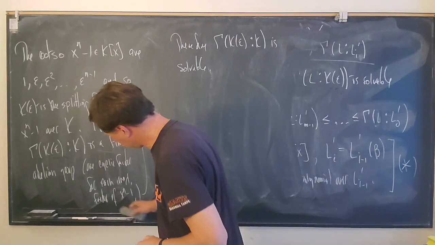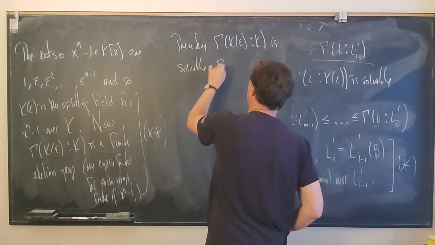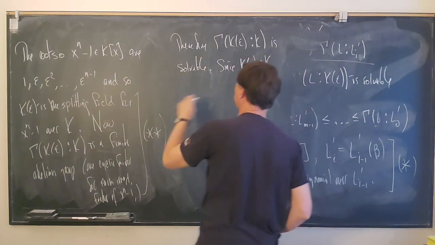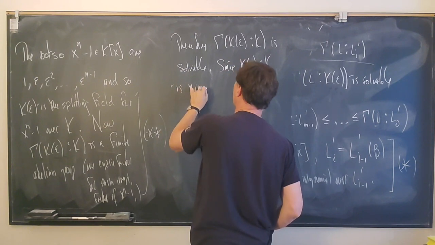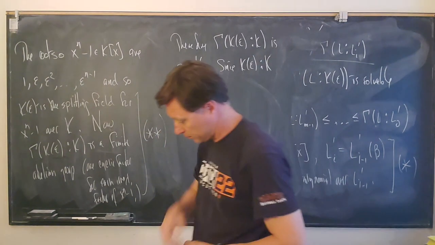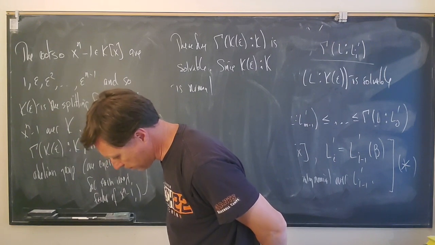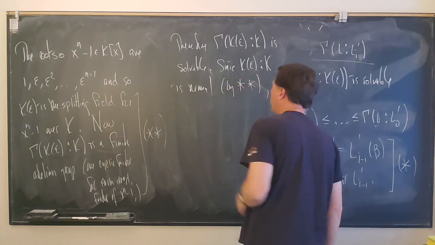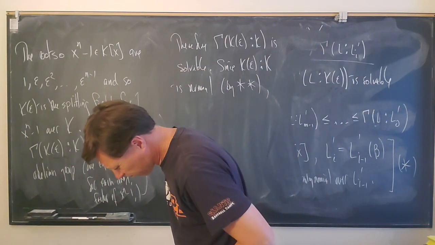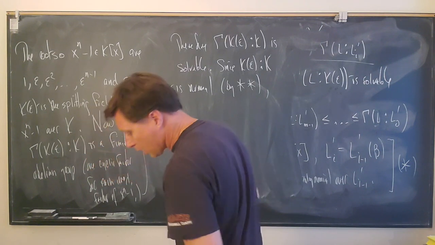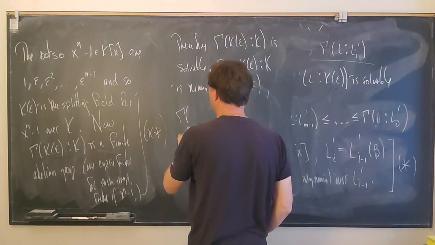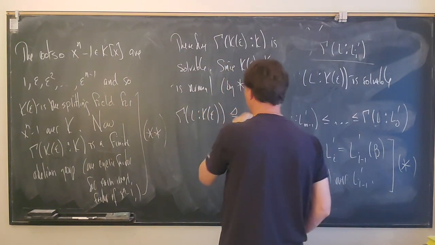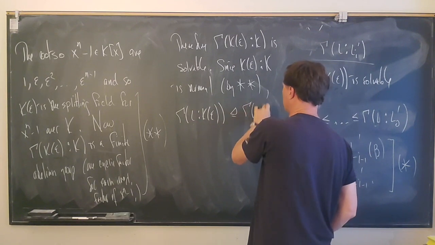Now, since K adjoin epsilon over K is normal, that's because it's a splitting field, by double star, gamma of L over K adjoin epsilon is a normal subgroup of gamma of L over K.